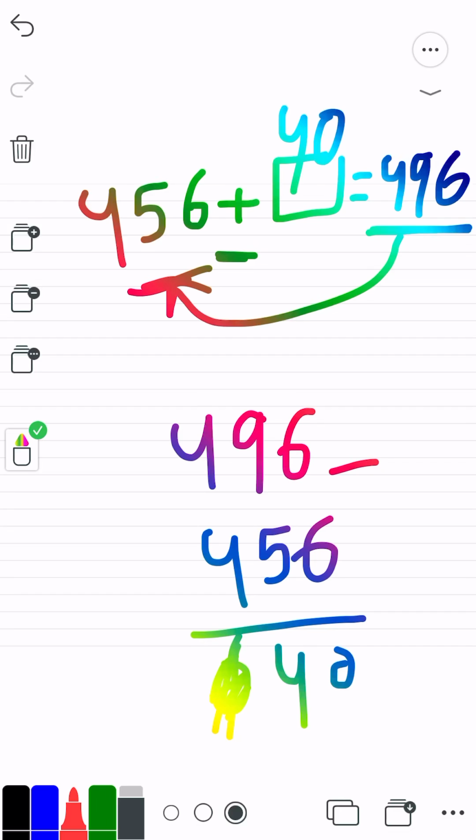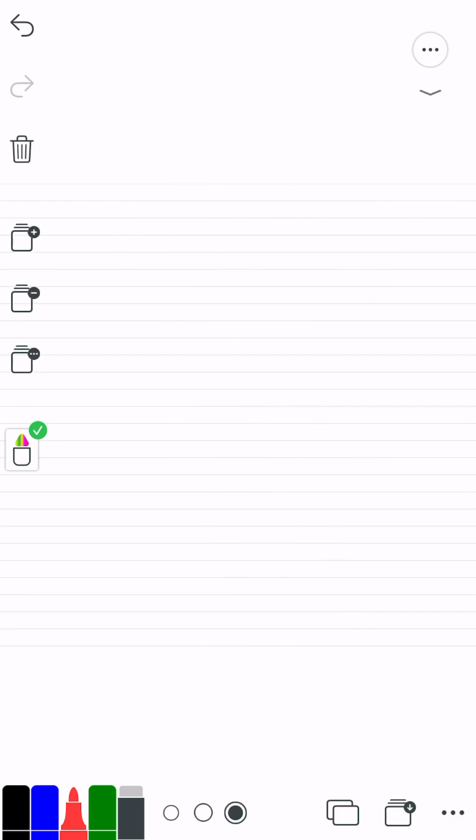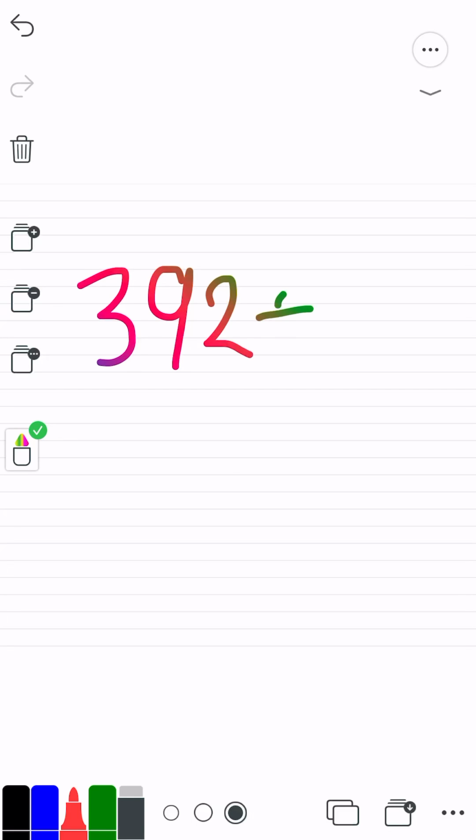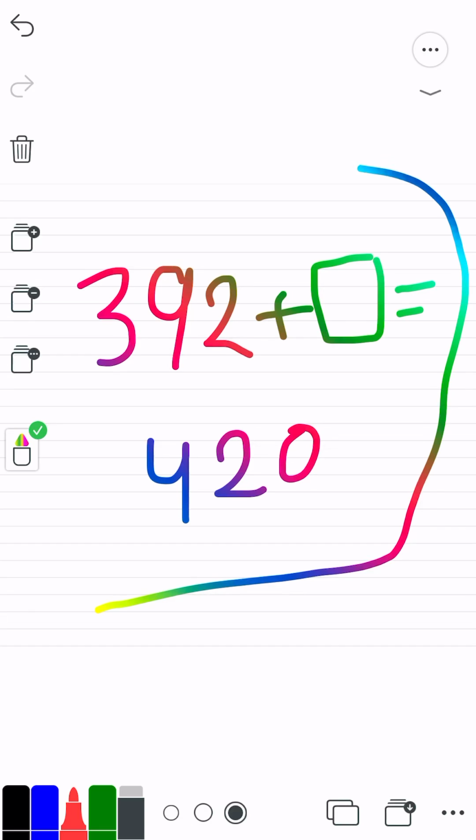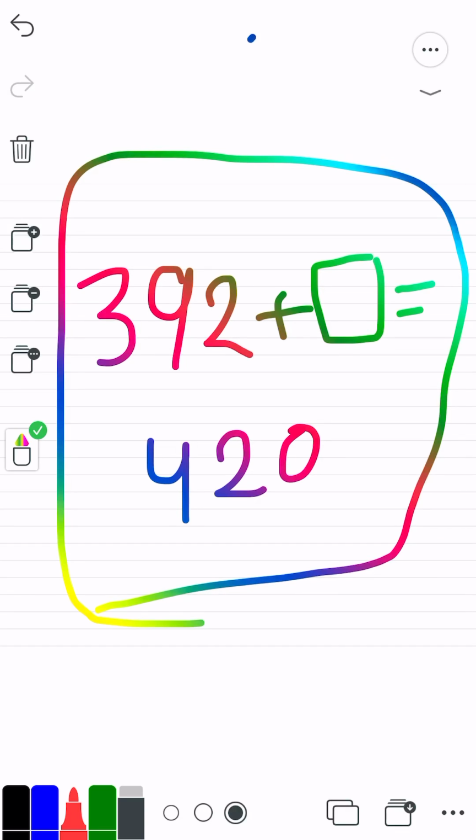And the question for you now, guys, is this. 392 plus what equals 420? This is your question. So whenever you have a missing number in addition, you have to use the subtraction method.